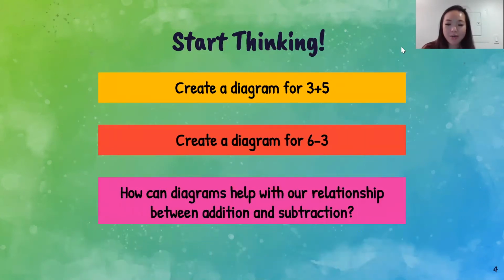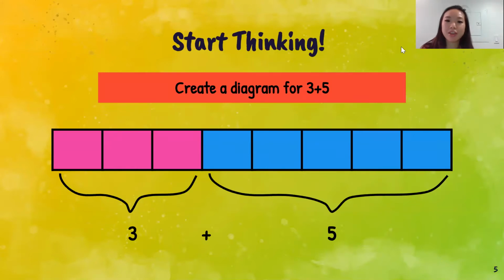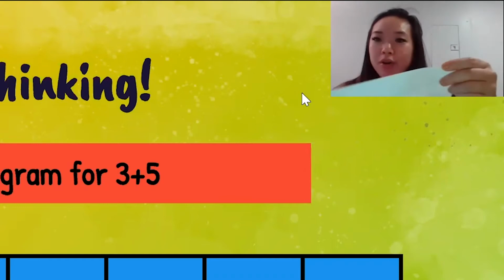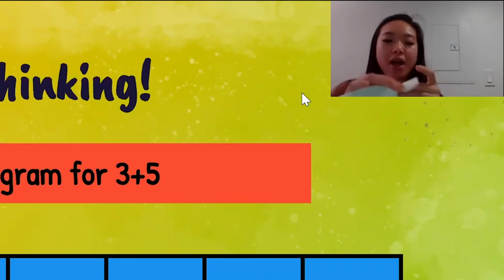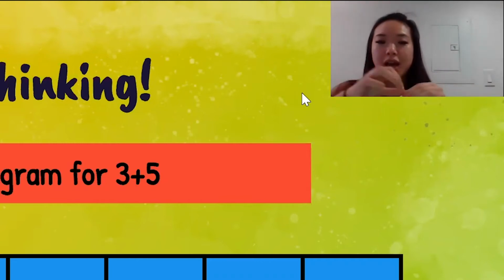All right, moving forward to our first one that says start thinking: create a diagram for 3 plus 5. Here I'm using blocks because I think it's the easiest. Something fun you can do with blocks is fold your piece of paper back and forth like 2 or 3 times.